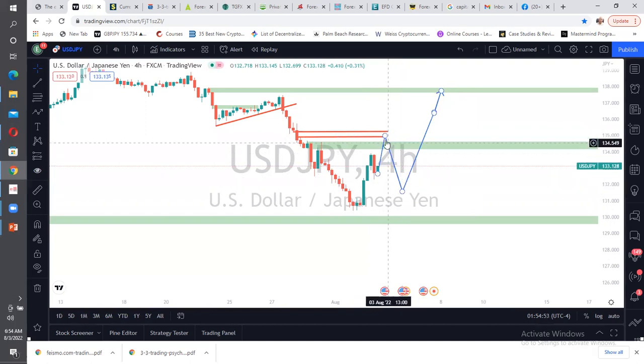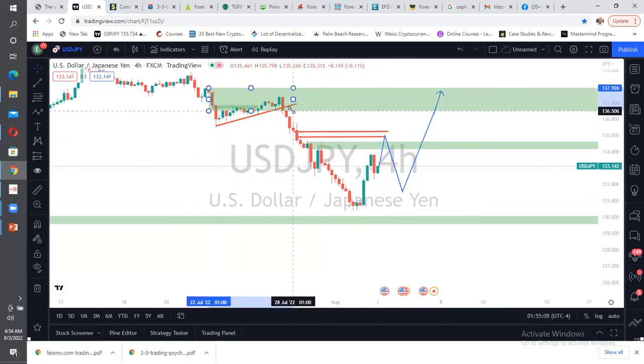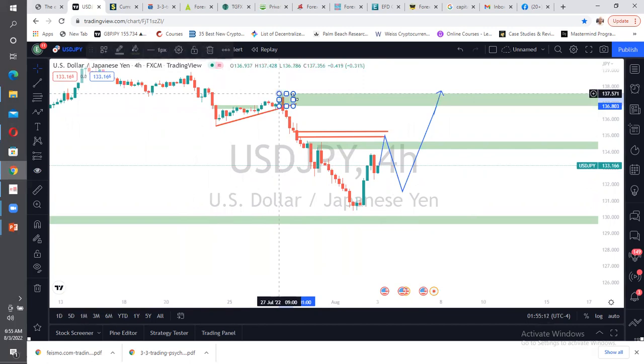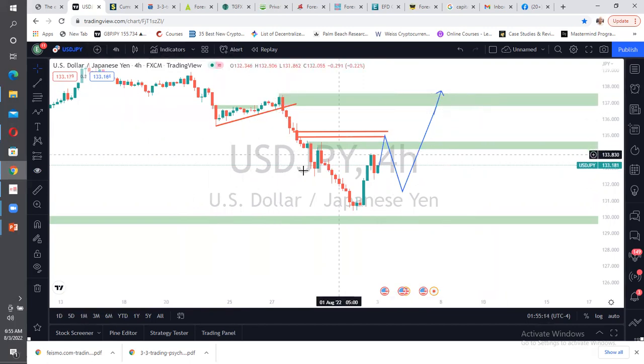Then I will expect them to hit another block here. When they hit this level, I would like to see them trade above the previous level, coming to get mitigated by this block. This is what I'll be expecting from this pair if they do not give us exactly what we want to see.